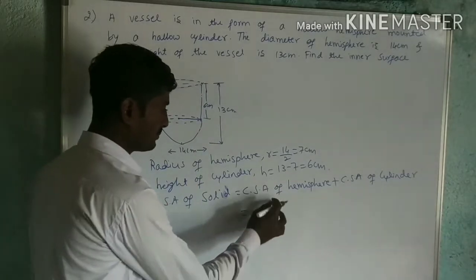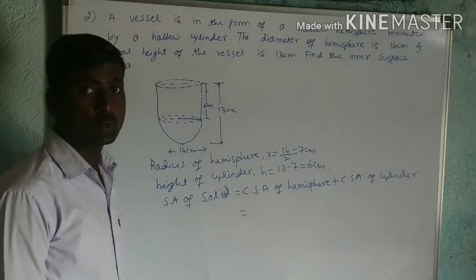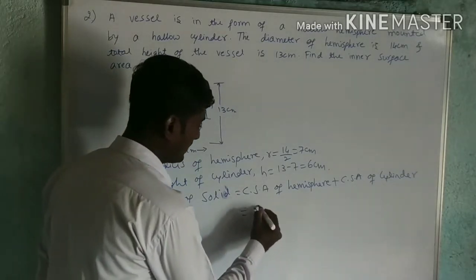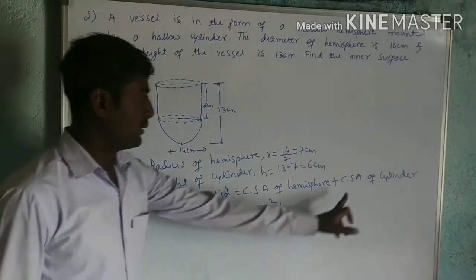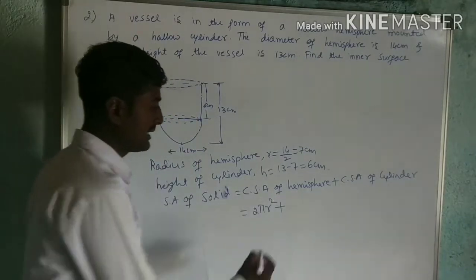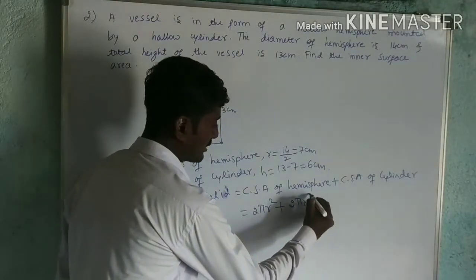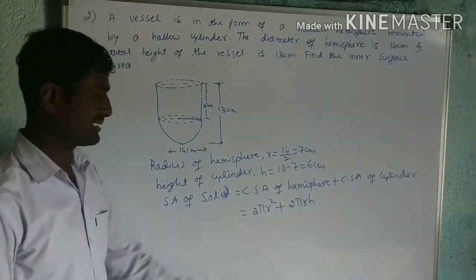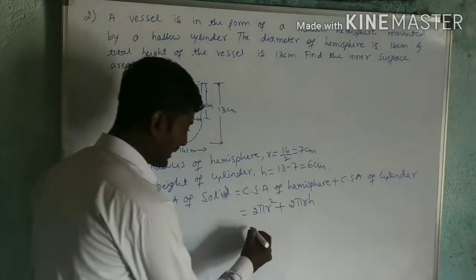Now let us write the formula. CSA of hemisphere is 2 pi r square, plus CSA of cylinder, we know the formula, that is 2 pi rh. Am I right? 2 pi rh. That is CSA of cylinder. Now in these two, what can I take common?